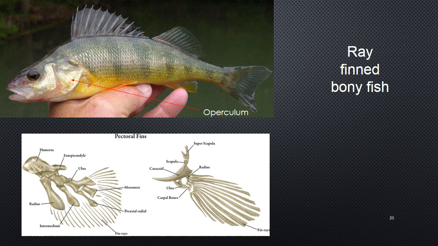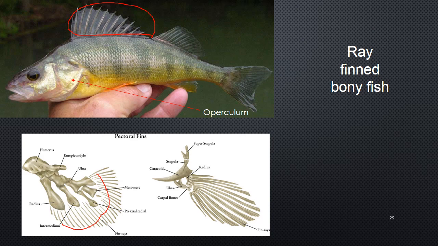And so when we take a look at our ray-finned fish, it's very obvious to see this right here fans out like rays coming out. So if we look down here, we're looking at the pectoral fins, and you can see how the bones come out in a ray fashion.